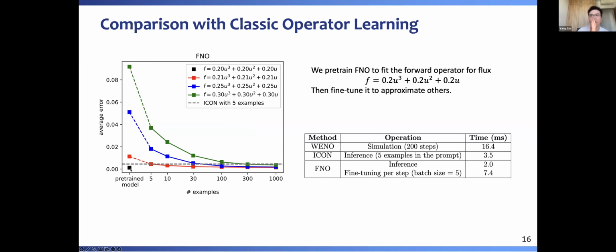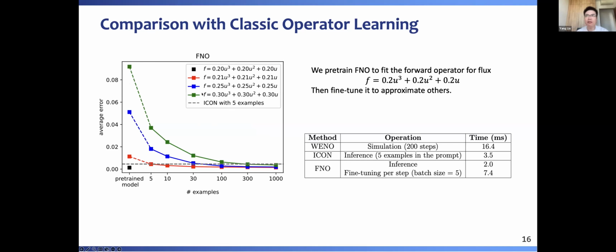With the FNO, with the pre-trained model, of course, it is able to handle exactly this operator. But with the other operators, of course, you have some error. Then you can say, okay, I can fine tune this FNO to approximate other operators.